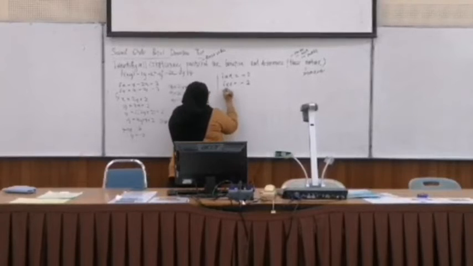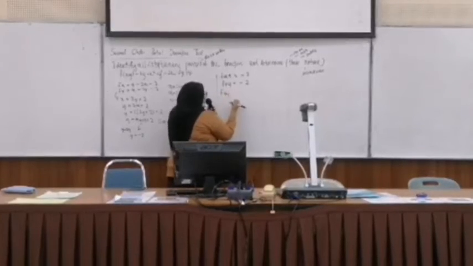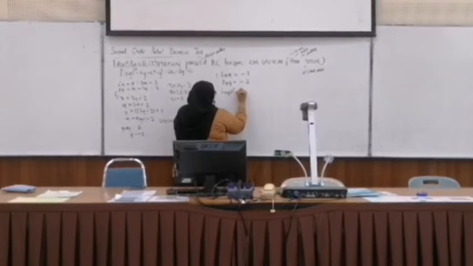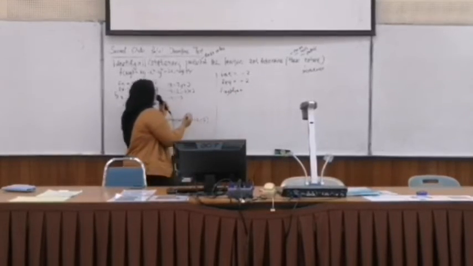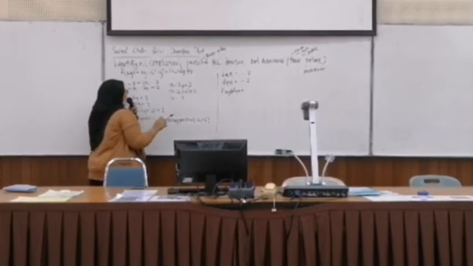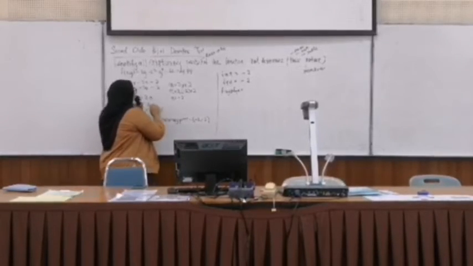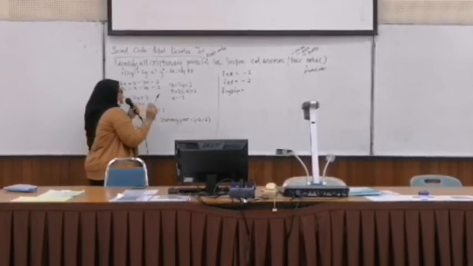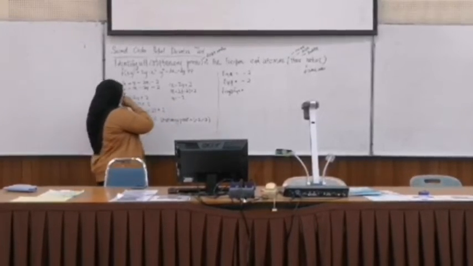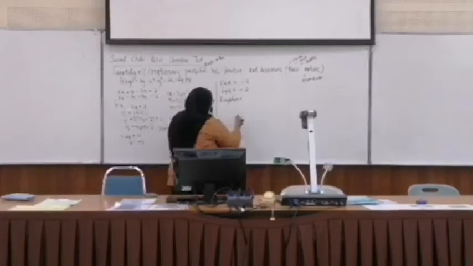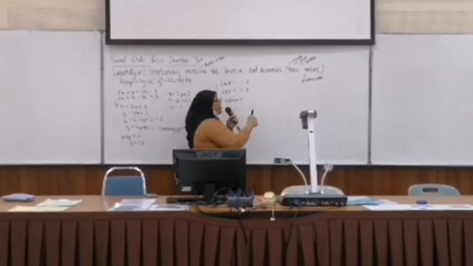And we need to find the fxy or fyx, so we differentiate y minus 2x minus 2 with respect to y, and we will get 1.